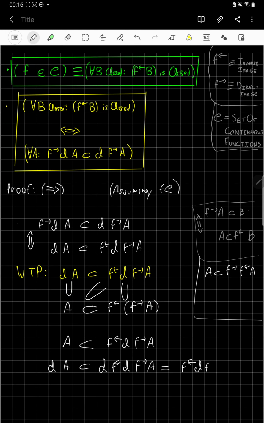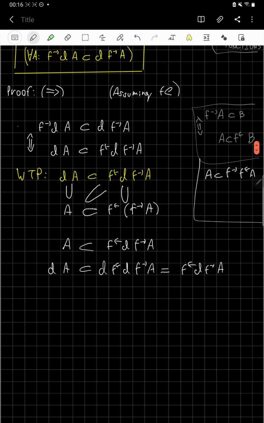And the inverse image of the closure of the direct image of A is going to be a superset of the closure of A. Okay, like we wanted. Which is what we wanted to prove. Okay. Proof on the other side.